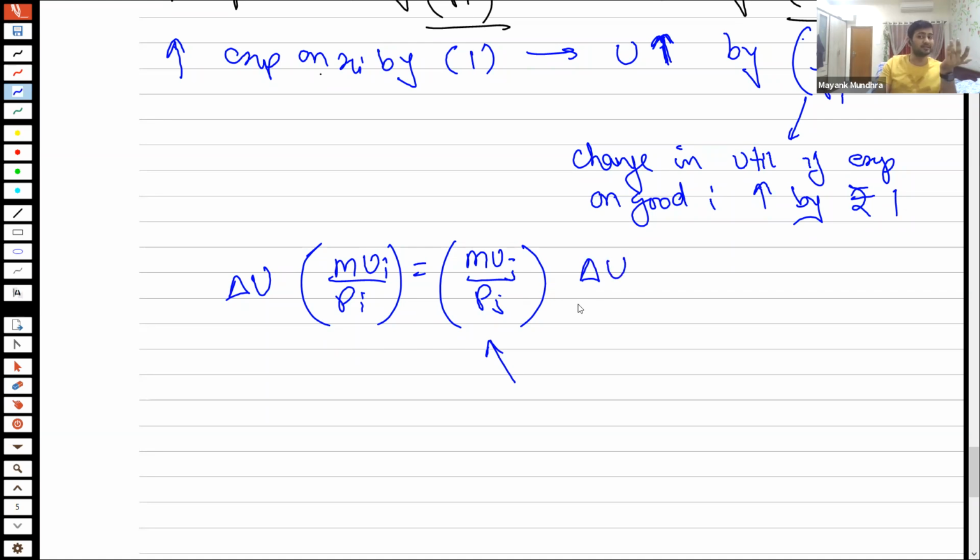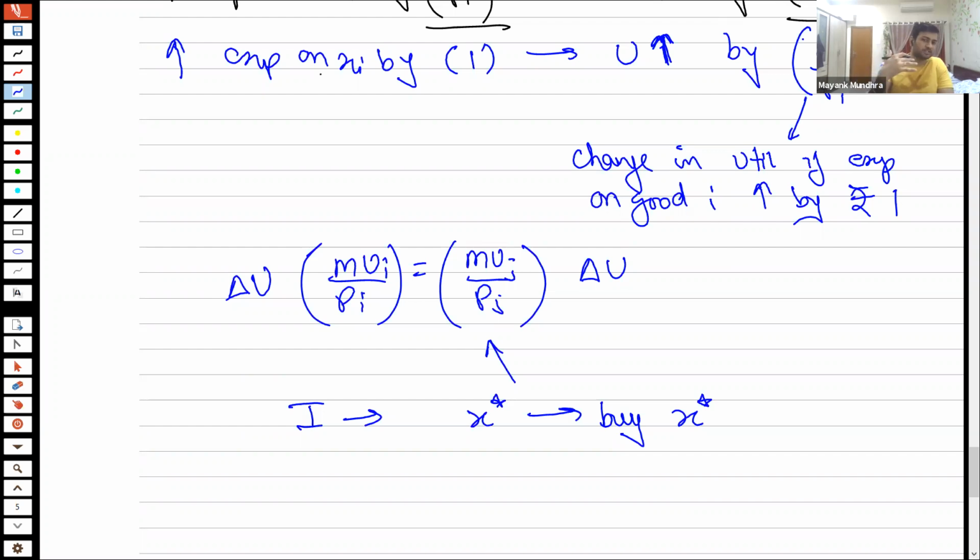What it means is that after you have consumed all your money, after you have bought the bundle, suppose you have some income I. With this income I, you find the optimal bundle X star. You go to the shop and you buy X star. And when you are just leaving the shop, you find there's 1 rupee extra in your pocket.